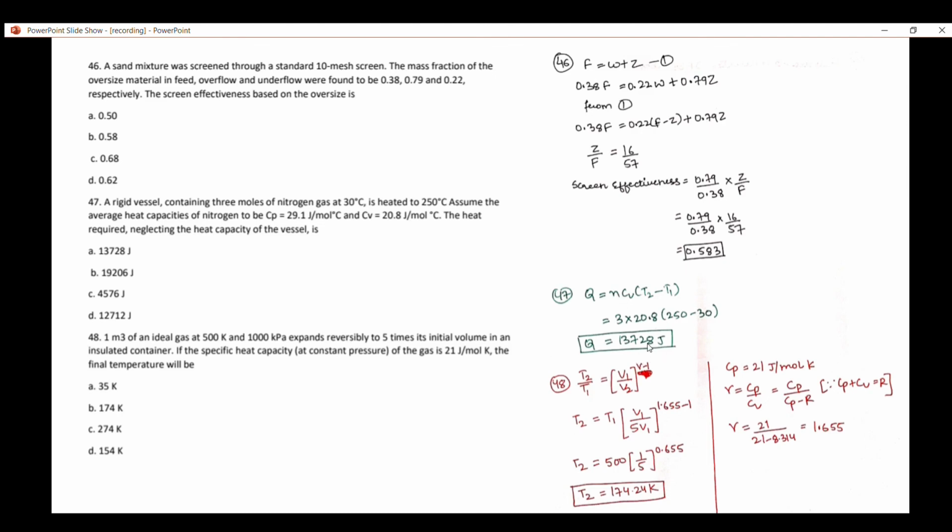So we know only the specific heat capacity at constant pressure, which is Cp, and gamma is equal to Cp by Cv, and Cv is Cp minus R because of this relation, and gamma would be 1.655. So we'll substitute the value of gamma in this equation, which is equation number 2. So T2 would be 174.24 Kelvin.